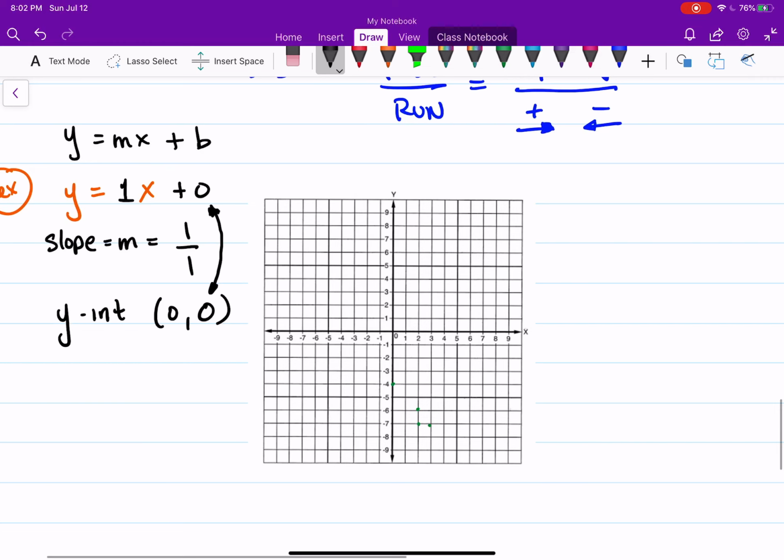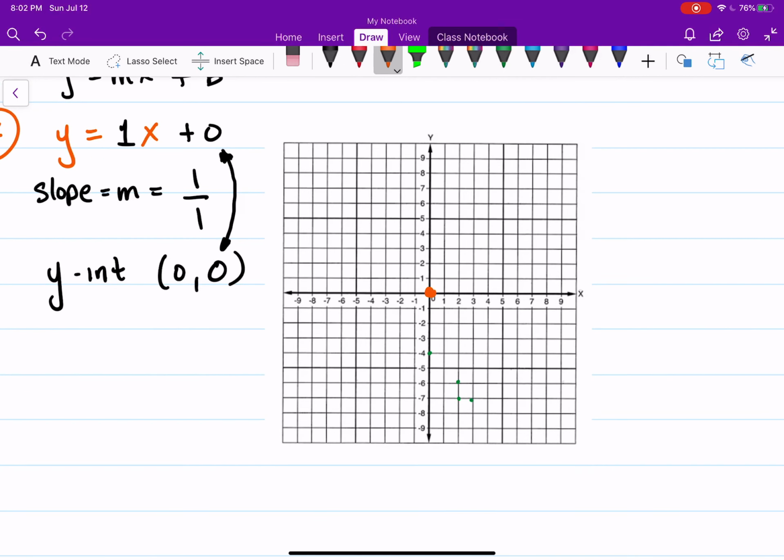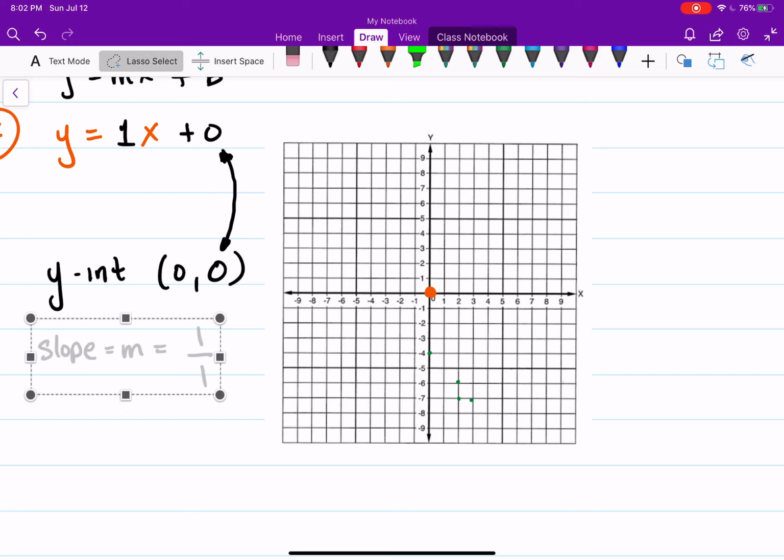So again, I would start with my y-intercept. The y-intercept is where I'm going to plot. Then I'm going to use my slope to move. My slope, what does it say? It's telling me it's 1 over 1. In fact, I'm going to bring this and put it down here. There's a reason for it.